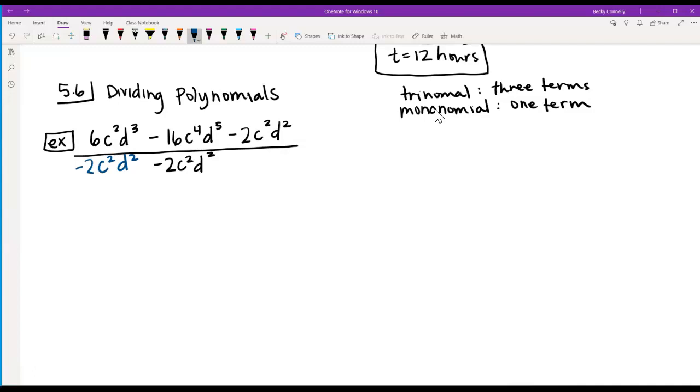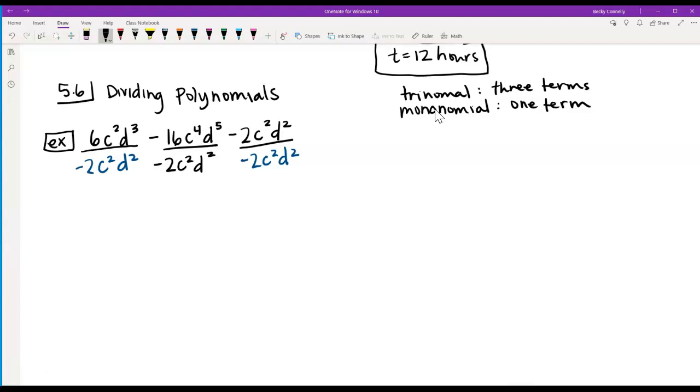Basically that makes this into three different fractions instead. So I can take that one fraction that we had before and divide it into 3 different fractions.